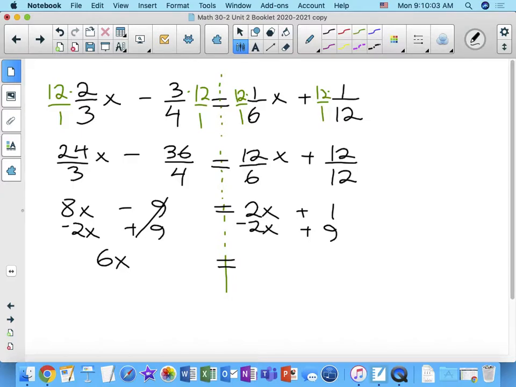And on the right side, 2x minus 2x is 0, so those cancel. 1 plus 9 is 10. And then I can divide by 6. And the 6's cancel, and I end up with x equals 10 over 6, which reduces to 5 over 3.